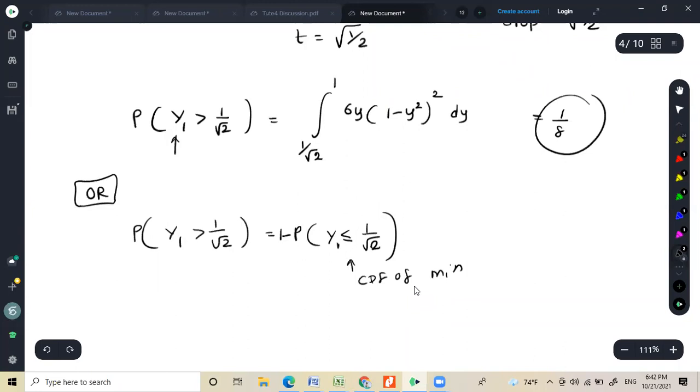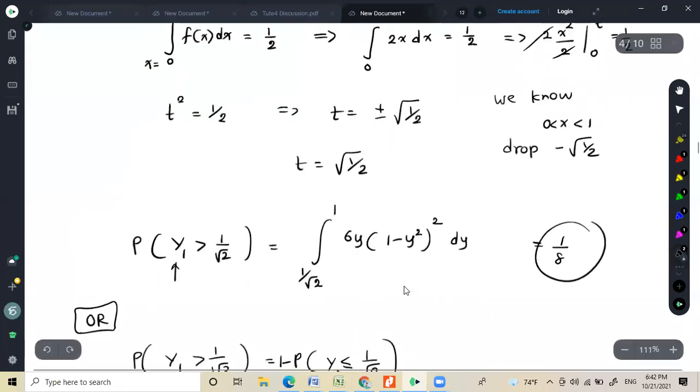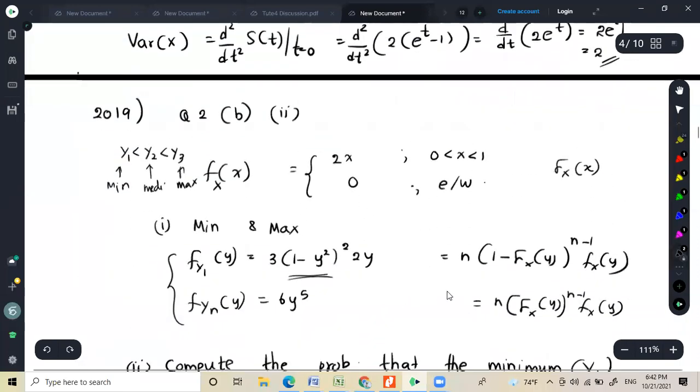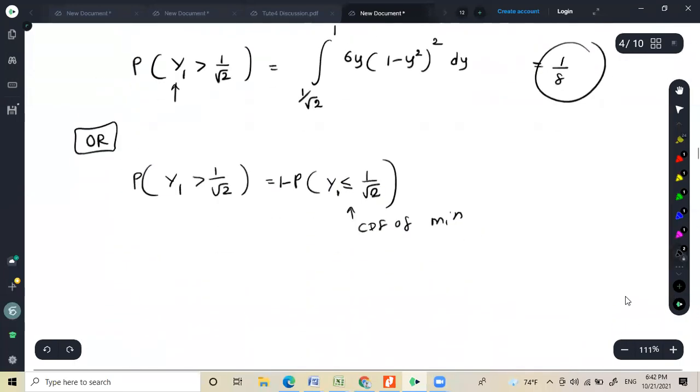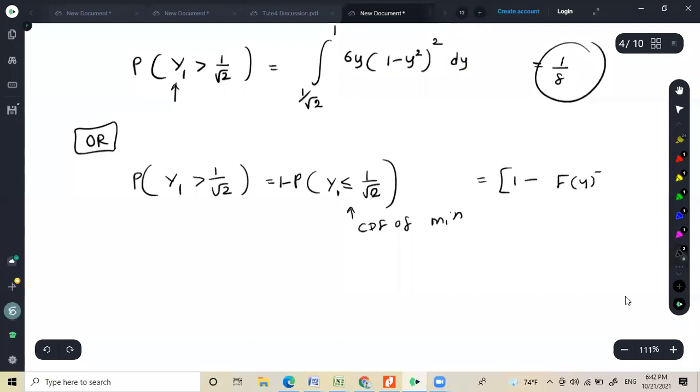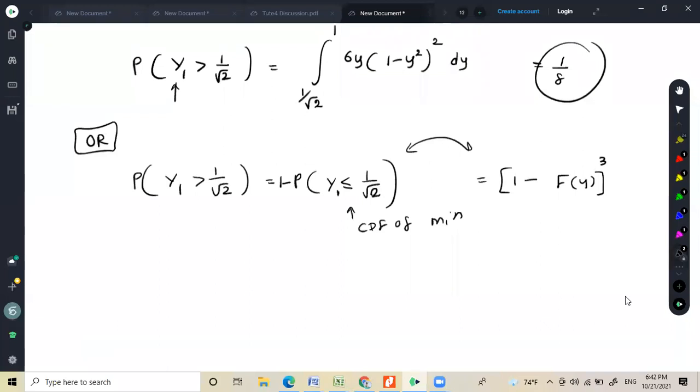Okay, and we know the CDF of the minimum, from the equation, you already know it. The CDF of the minimum is 1 minus 1 minus y to power 3, right? Try this one. There are things that will cancel out and you'll end up with this one.